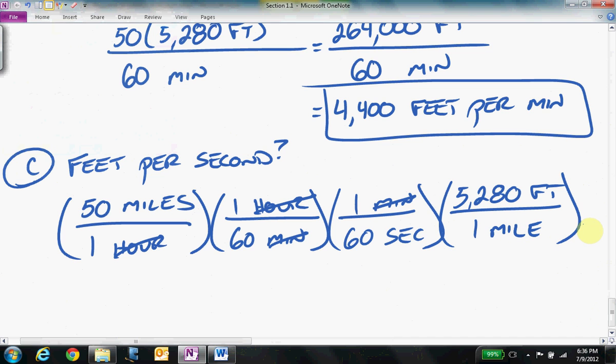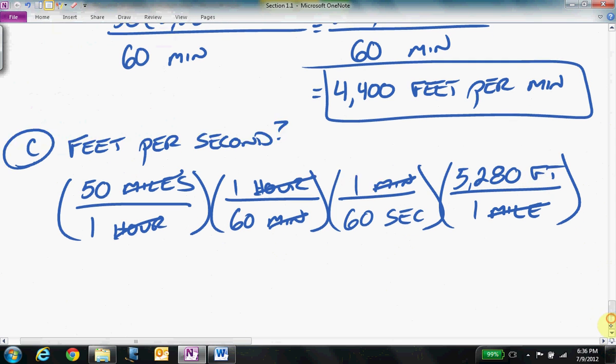So the mile is what we're trying to get rid of, so that cancels there. So my hours canceled. There's 60 minutes in 1 hour, then 60 seconds in 1 minute. So we went from hours to seconds, and then miles to feet.